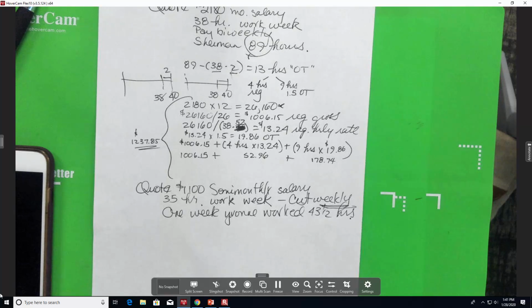You can't divide it by 12 yet. You divide it by 24. So for the semi-monthly salary, you have to times it by 2 and then divide by 12.